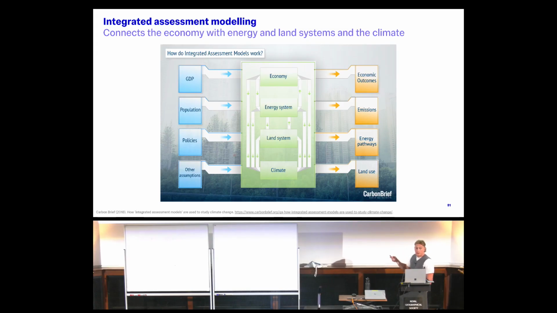In the middle, you've got the model itself, made up of interacting modules representing the economy, the energy system, the land system, and the climate system. There's lots and lots of feedbacks, interlinkages, and a huge web of data that is being integrated within that model. At the heart of all of these models is an economic optimization algorithm that tries to tell us what is the least cost way of meeting society's demand for goods and for services.